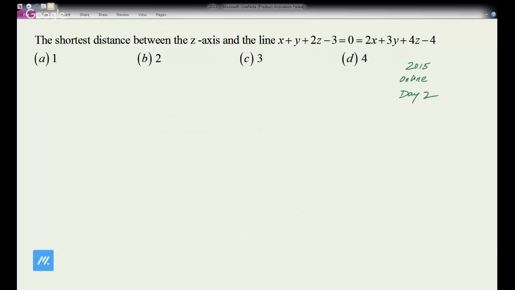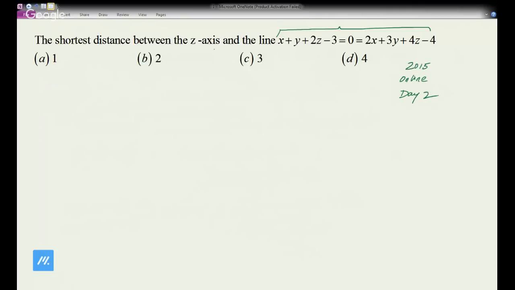All right, guys. So let's see. The shortest distance between the z-axis and the line. So first of all, this asked you to find basically the line of intersection of planes.